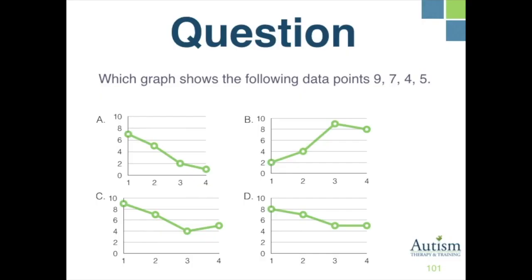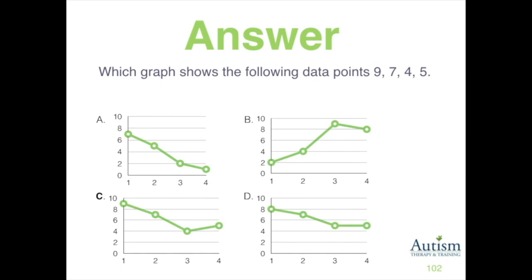Which graph shows the following data points? 9, 7, 4, 5. A, B, C, or D? And the correct response is C. Way to go.